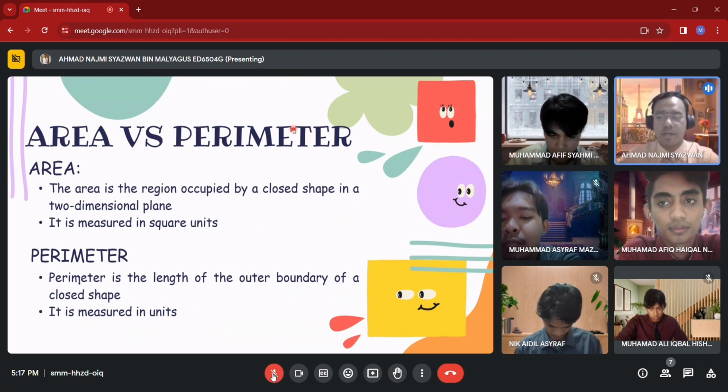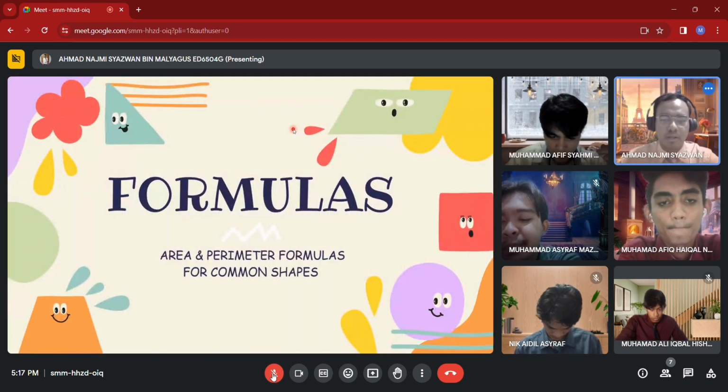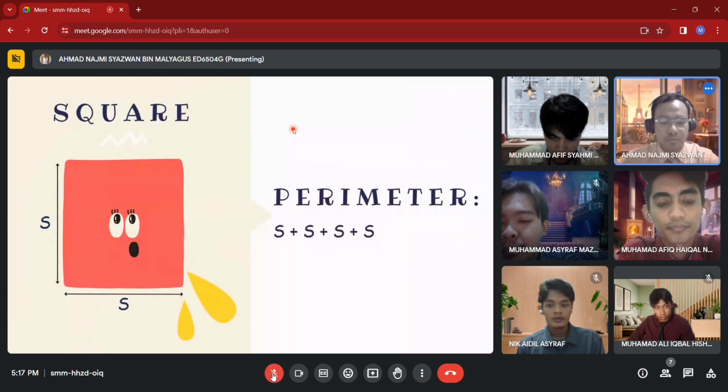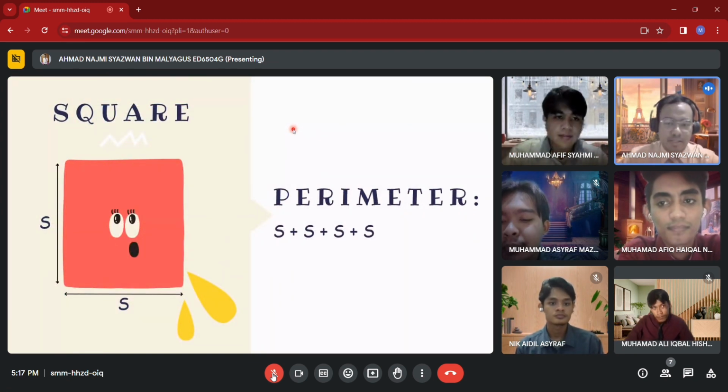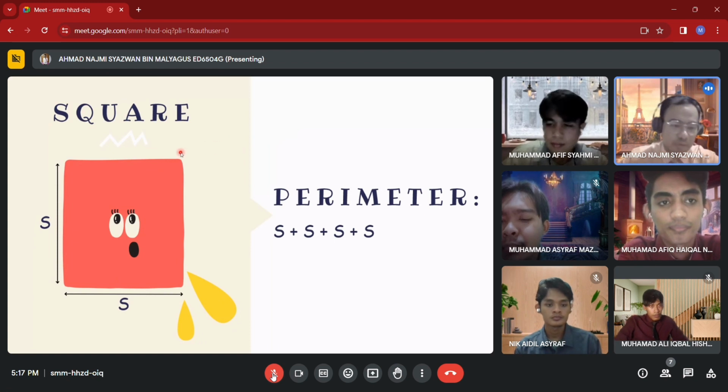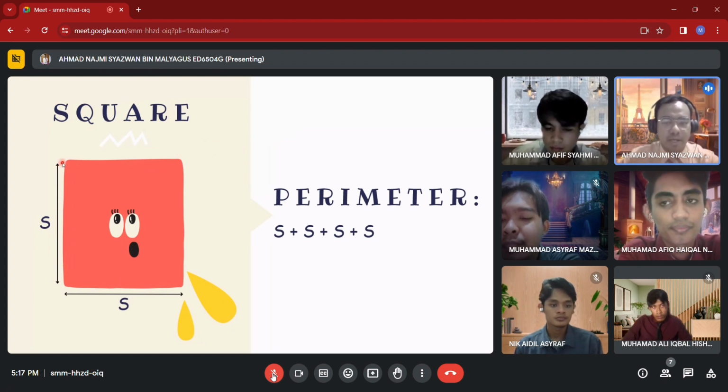So let's see what are the basic shapes that we can find the perimeter of. And we can see the formula also. So the first shape is square. As we can see, we can find the perimeter of a square by adding all of the sides.